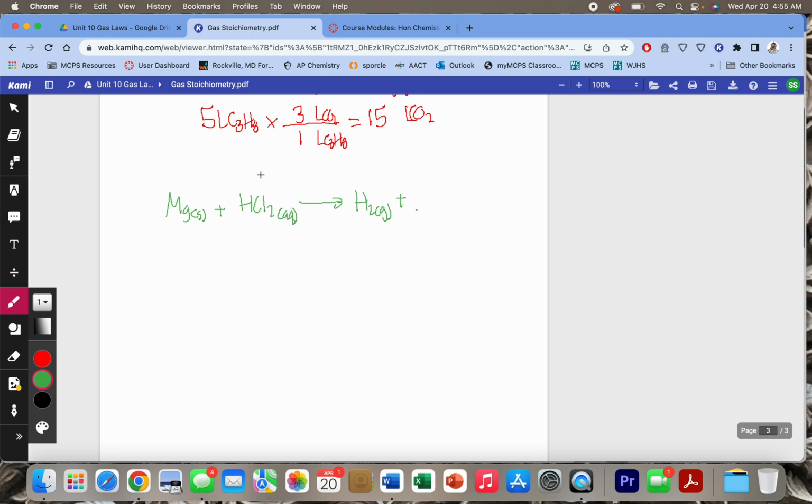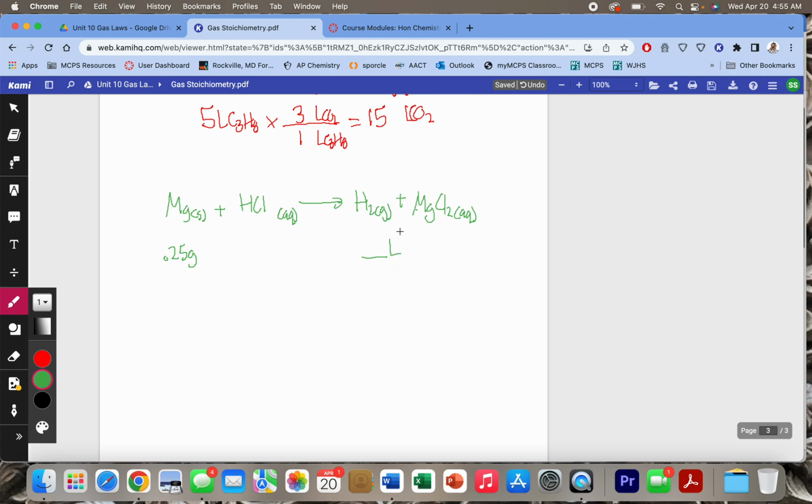And why did I make that HCl2? How embarrassing, HCl plus MgCl2. There's my MgCl2 aqueous. So here's my equation, right? And let's suppose we have, say, 0.25 grams of Mg, and we want to know how many liters of hydrogen gas we're going to get.